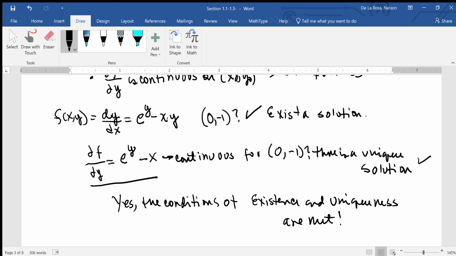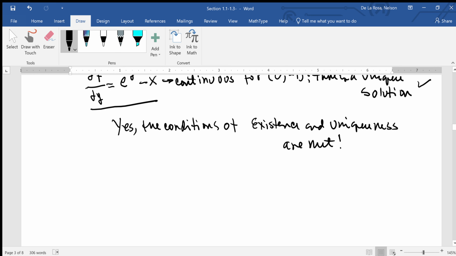If the conditions are not met, then maybe the initial value problem has one solution, maybe the initial value problem has more than one solution, or maybe the initial value problem has no solution at all. So the only thing you can do is check the conditions and see if they are met. If they are not met, then you cannot say anything. Okay.